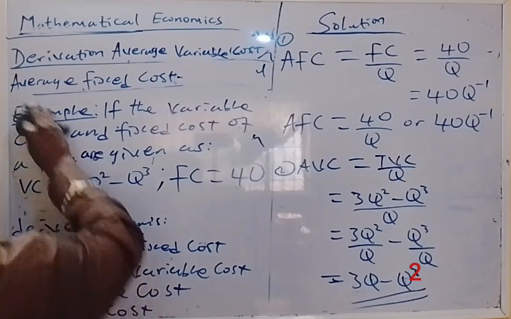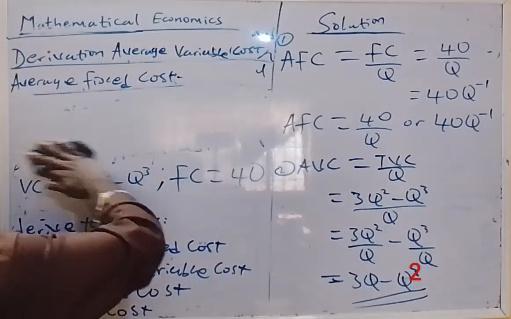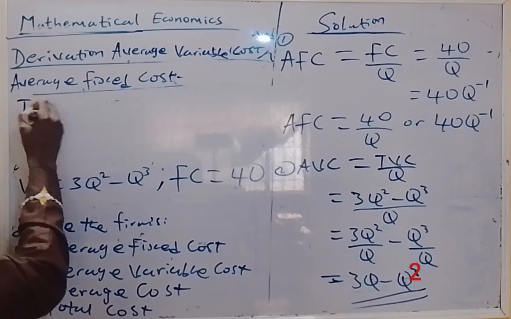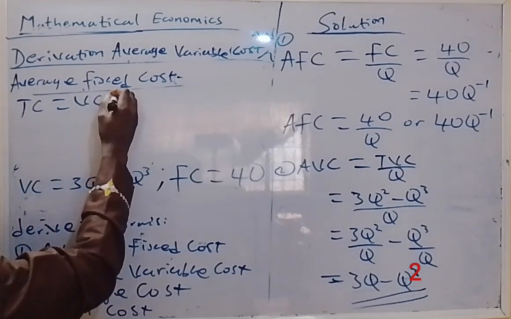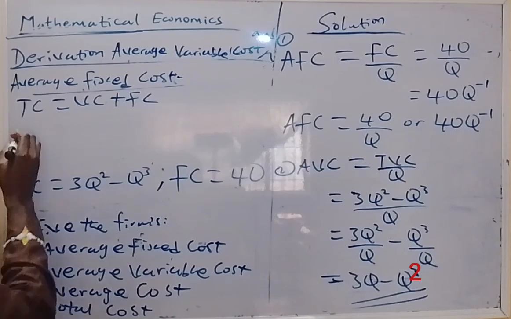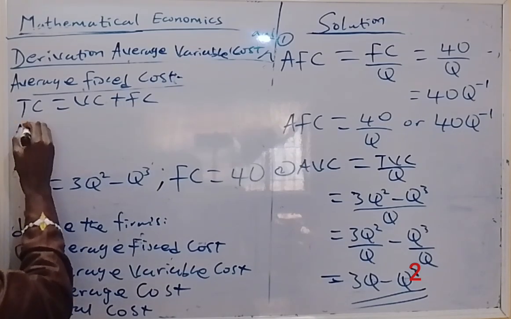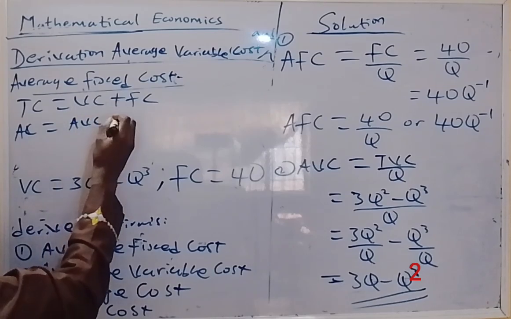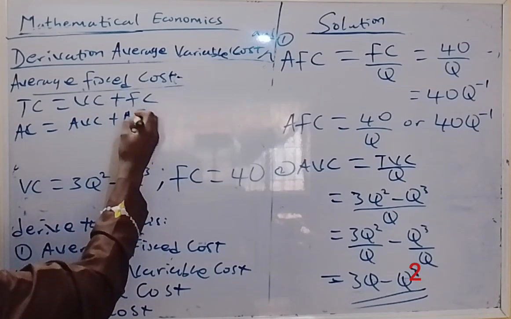Very simple. We already know our average fixed cost and average variable cost. You remember that total cost equals variable cost plus fixed cost. So in other words, our average cost will be equal to average variable cost plus average fixed cost.